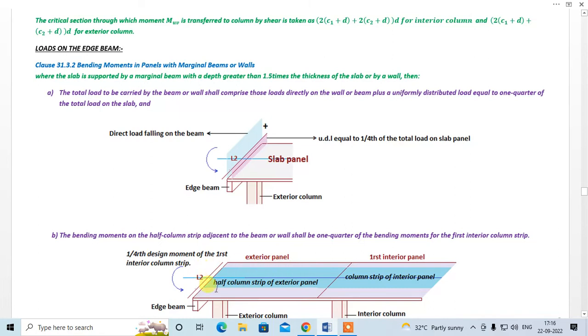Find the total load, capital W, which is falling on this beam, and 1/4 of that has to be converted to UDL, and that has to be taken on this beam, right? So the load that has to be taken on this edge beam is direct load falling on the beam plus UDL equal to 1/4 of the total load on the slab panel.